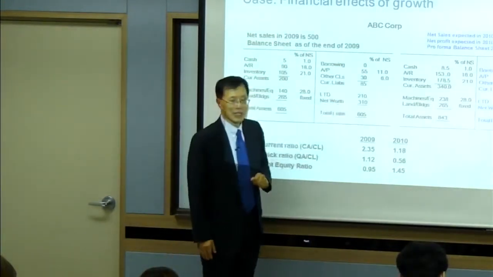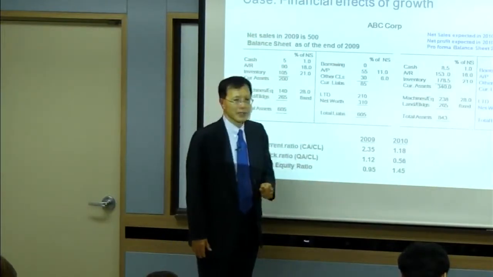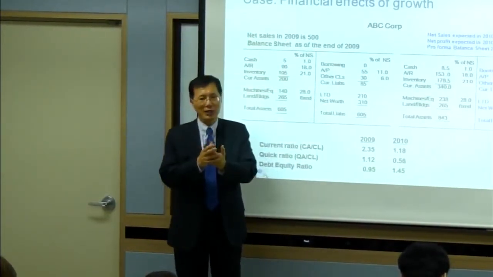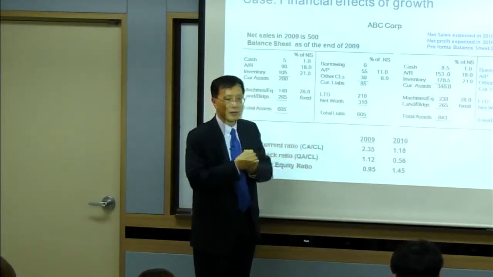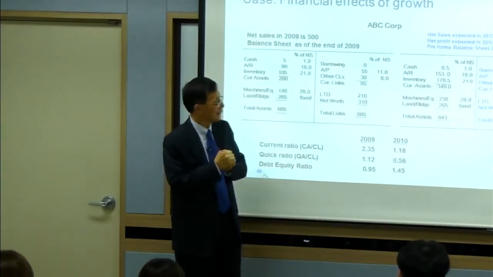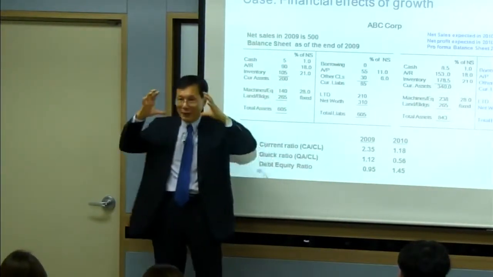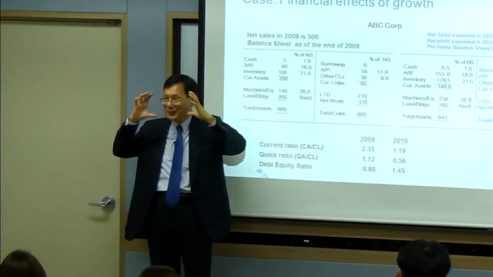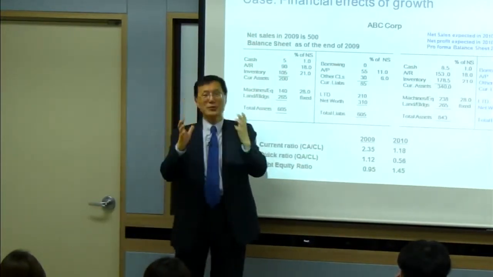So it will stay at 210. It's almost fixed. Net worth is common stock, capital surplus, plus retained earnings. The company's equity of 310. So total of 605. Do you have a picture of this company? Balance sheet? Have some picture of the company.